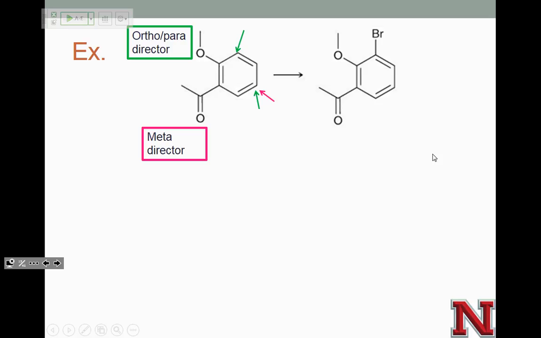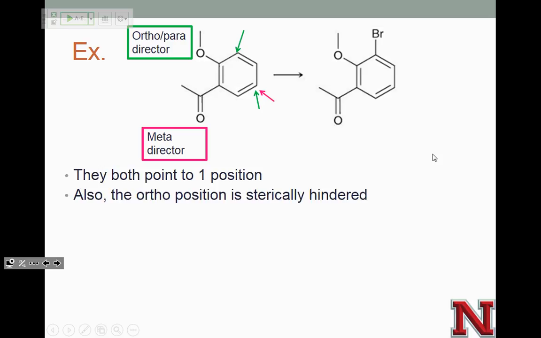So though it's not going to affect directing as much, it's still going to affect directing a bit. So that means that both of these are pointing to this position. So if we just added Br2 and FeBr3, it would likely be that we would get this bromine, but that's not what we want. So this is another case where we can use that blocking group.